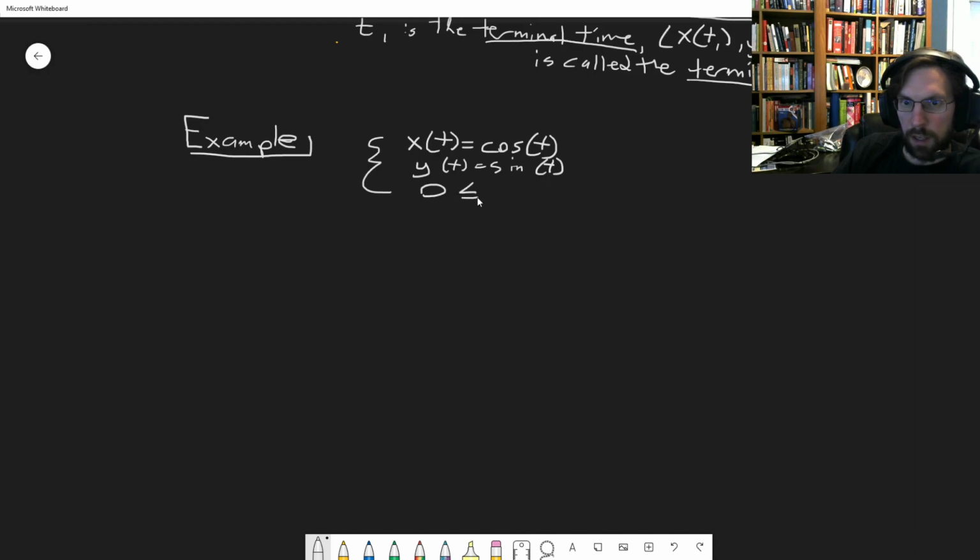And we're going to let t go from 0 to 2 pi, and we usually include the 0 but not the 2 pi. Okay, so if we were to plot this, let's plot it right over here. Okay, when t is 0, cosine of 0 is 1, sine of 0 is 0. So we're going to be right here.